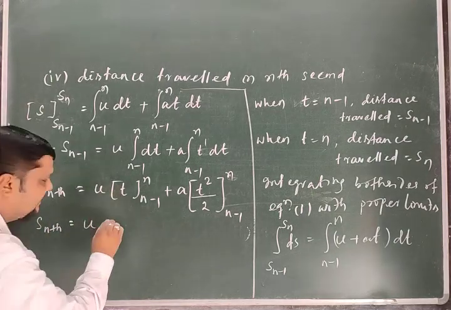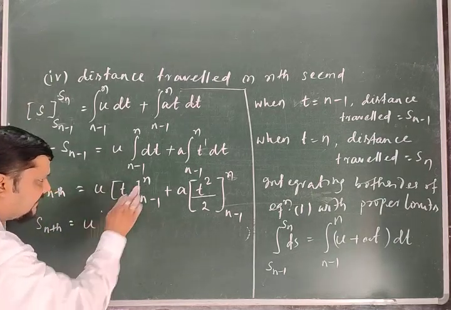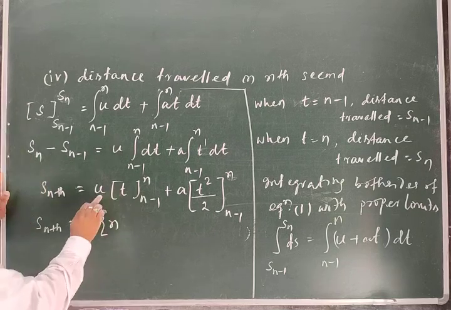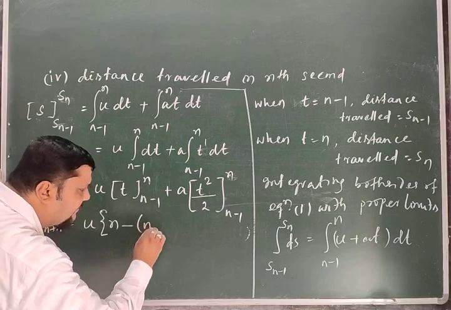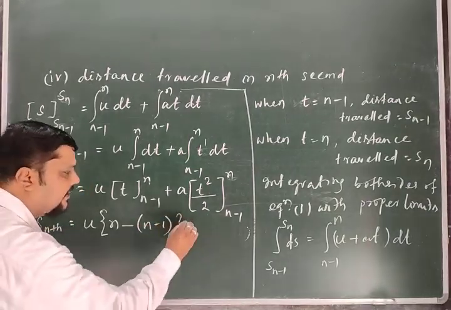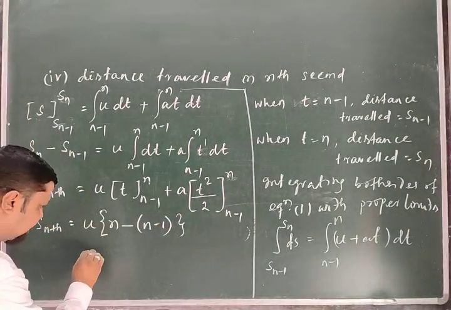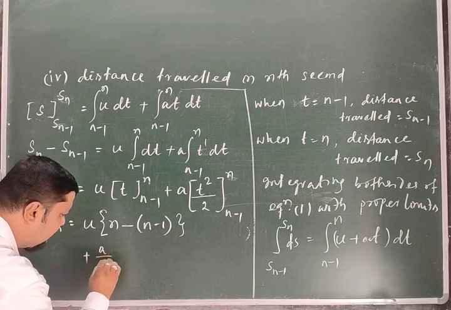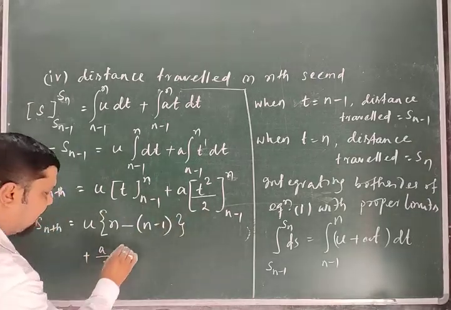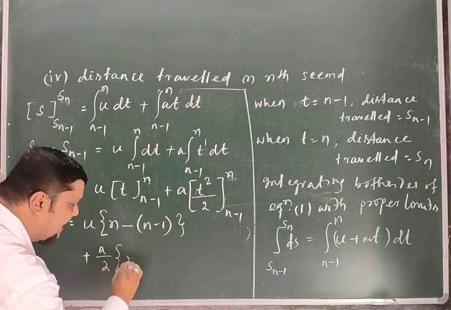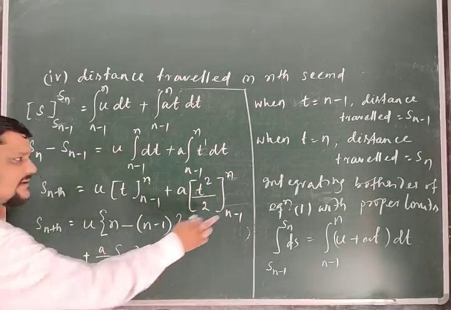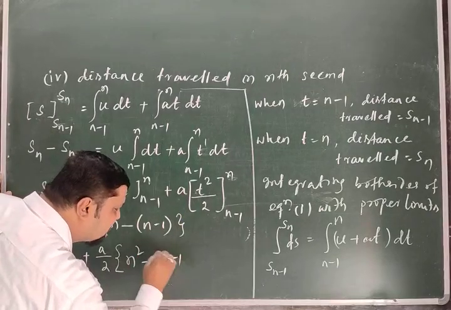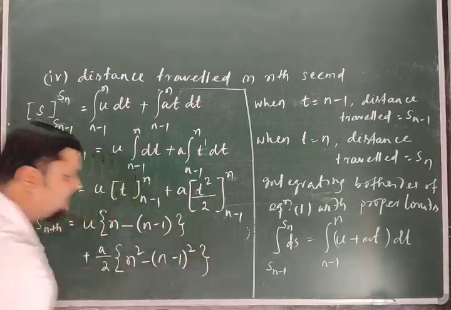u times the upper limit n minus the lower limit n-1. Got it? Plus, let's write a by 2 outside, then t squared: n squared for the upper limit minus the lower limit (n-1) squared.